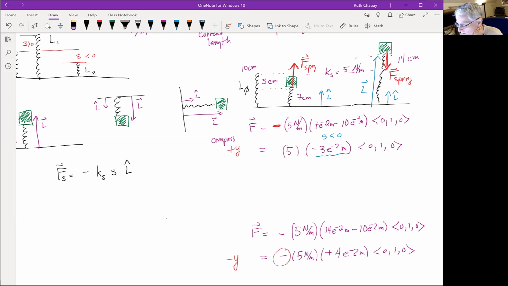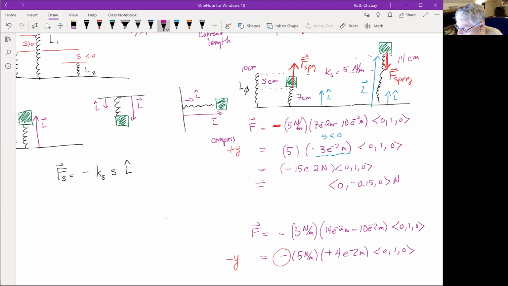Let's work this out. So we get a minus 15 times 10 to the minus 2 newtons times 0, 1, 0. And that gives us a force of negative 0.150 newtons, but that's in the wrong direction.